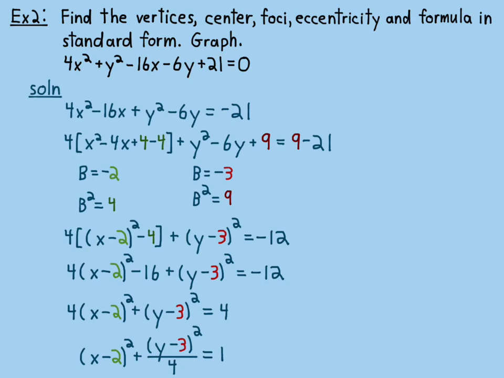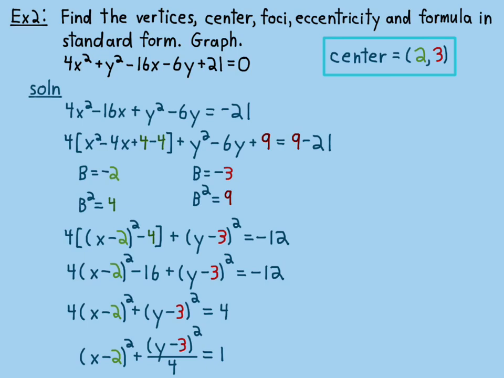So that's in standard form for an ellipse. Now, notice the denominator of the x term is a 1, and the denominator of the y term is a 4. The larger one is 4. So a squared is 4, which means a is 2. And then b is the square root of the denominator of the x term, which is 1.